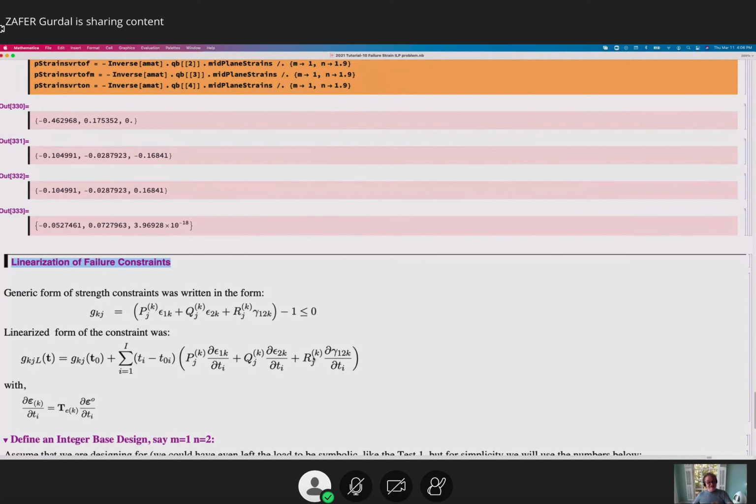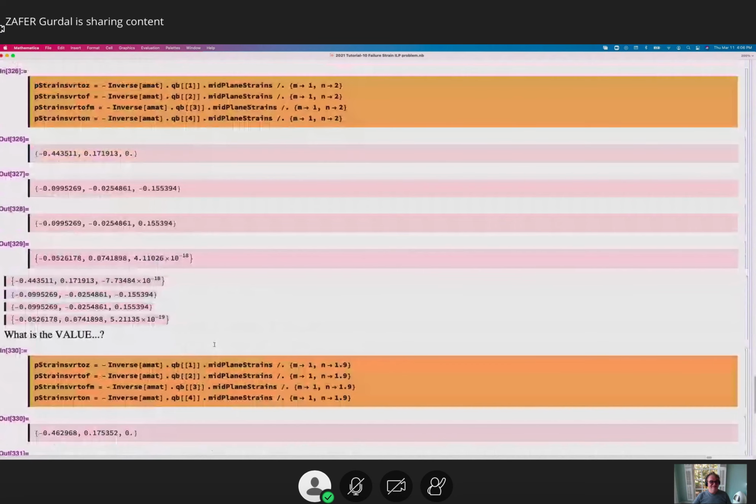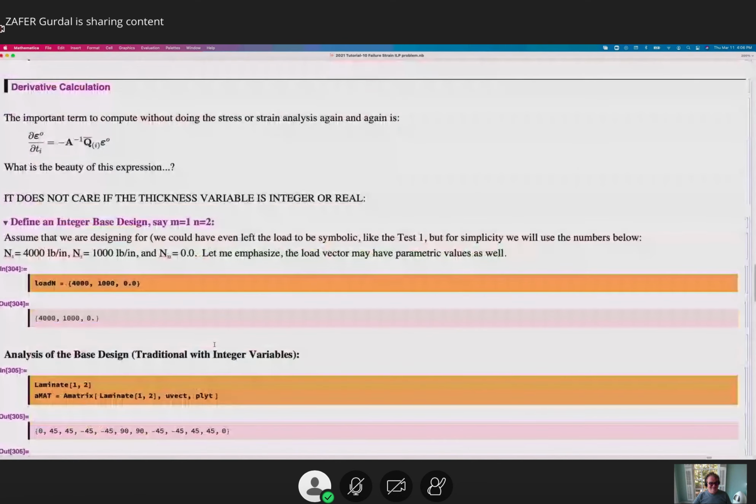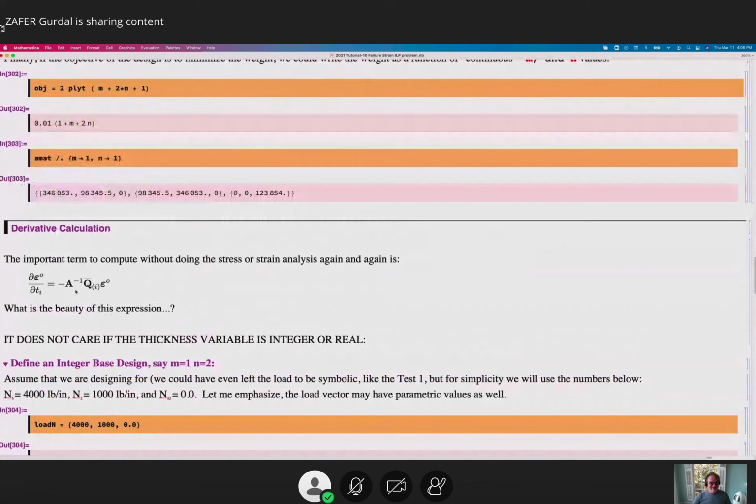It will if we can get this thing computed, the derivative of the midplane strains with respect to orientation variables, theta sub i.